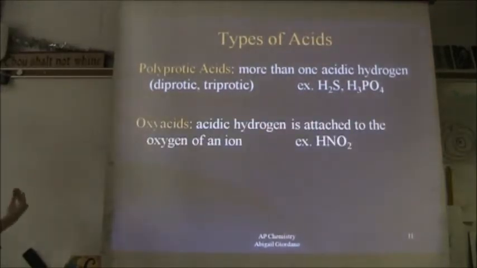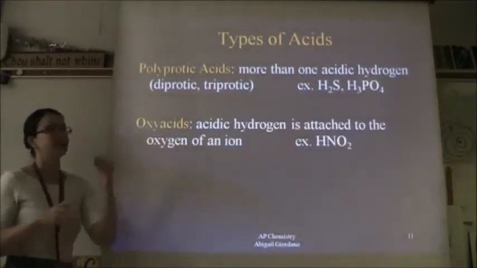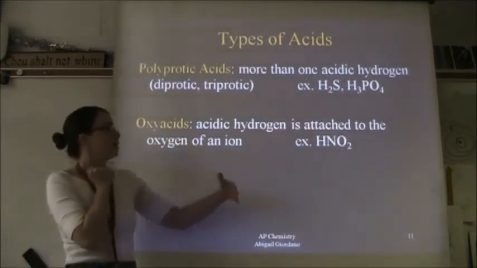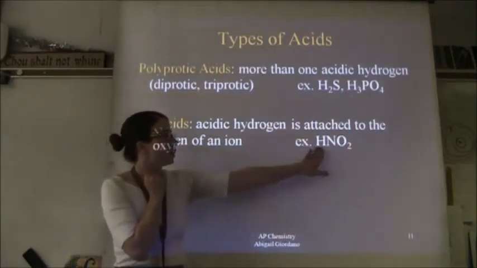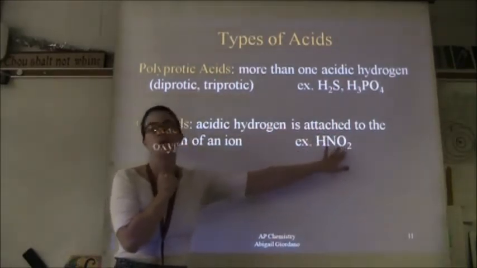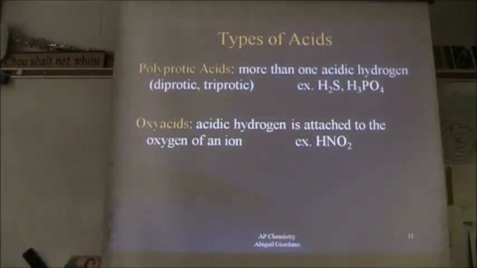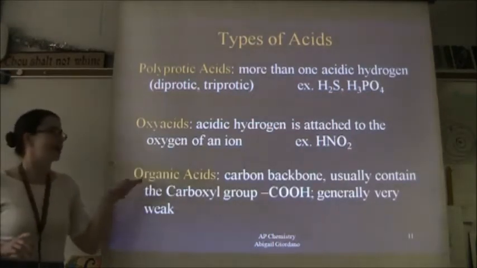Here's another one. We've seen this word before, oxyacid, and it means exactly what it sounds like. An acid that has oxygen in it. Now, for the most part, that's going to mean an acid that has hydrogen joined to one of our polyatomics. Okay, that's where we're going to see that the most often. And then there's another type of acid, organic acids.